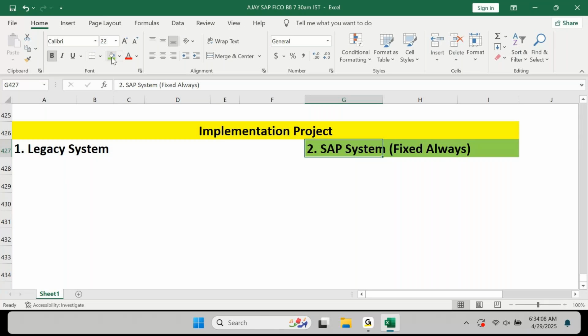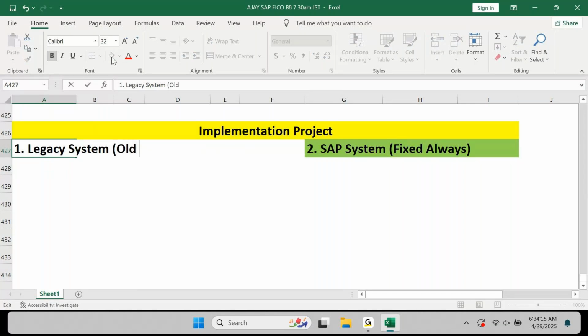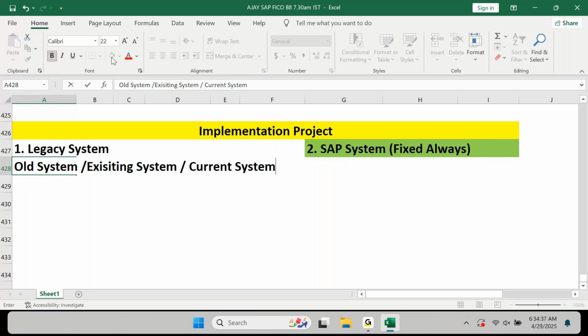Now this legacy system, you can call it old system or existing system or current system.